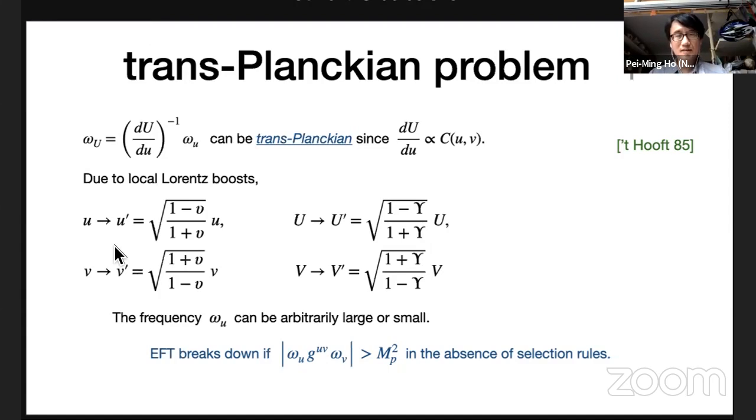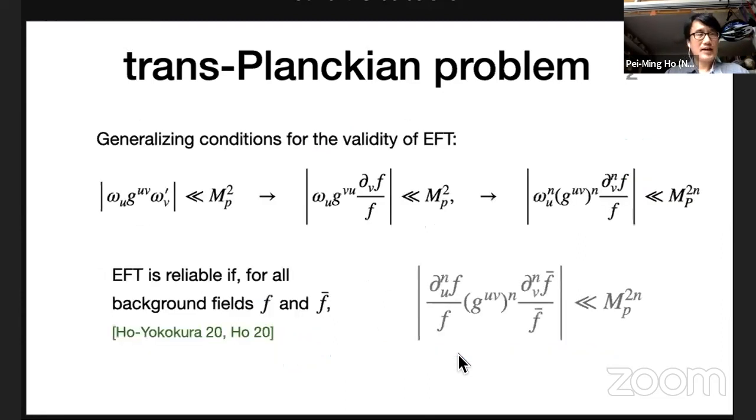Just like we can still use the standard model to predict scattering amplitudes for ultra high energy particles in cosmic rays colliding with particles on Earth, we should not immediately abandon these transplanckian modes, because that's the result of a particular choice of coordinate. So what you need is an invariant quantity to be transplanckian. Then you can say that the effective theory can be in trouble.